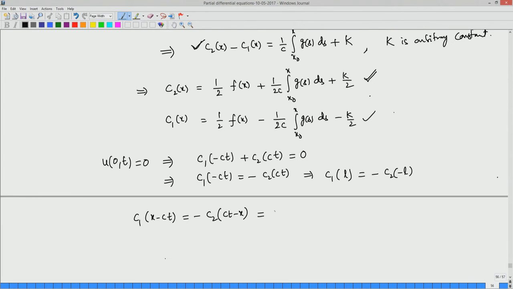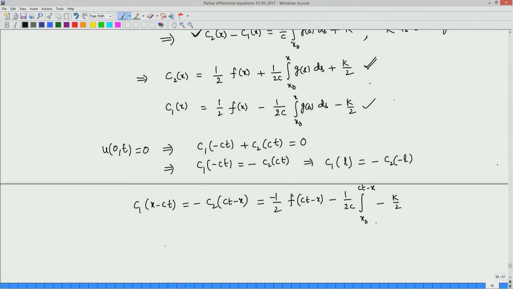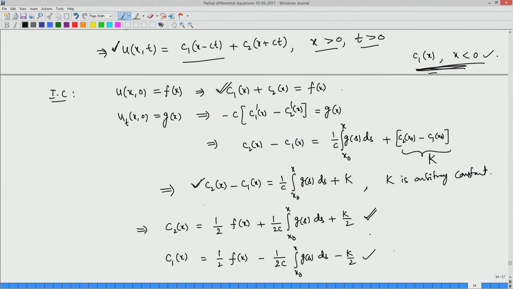So, that we can write it now, that is minus half f of Ct minus x minus 1 by 2c integral from x naught to Ct minus x of g. Wherever x is there you replace Ct minus x, and then minus k by 2, that is my C1 of x, t. And you know what your C2 of x plus Ct is, that is what is required in your general solution.